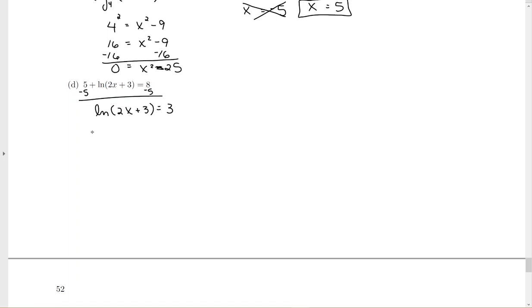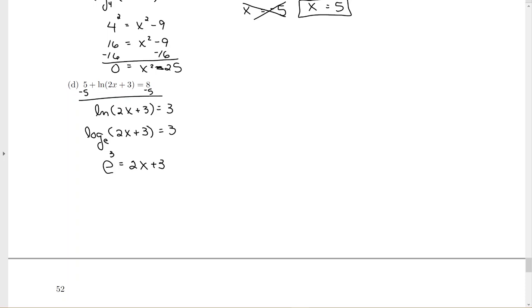Remember, ln is the same as log base e. And the reason I need to know that is because I need to get rid of the logarithm, ln or log base e. Either way, I bring down the base, raise it to the power, set it equal to 2x plus 3.